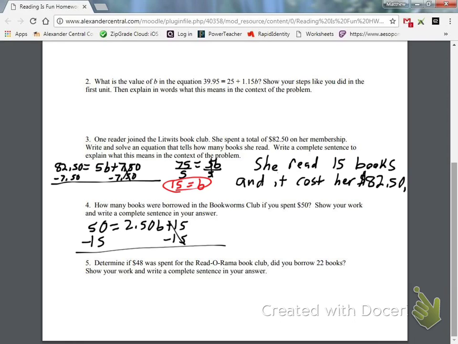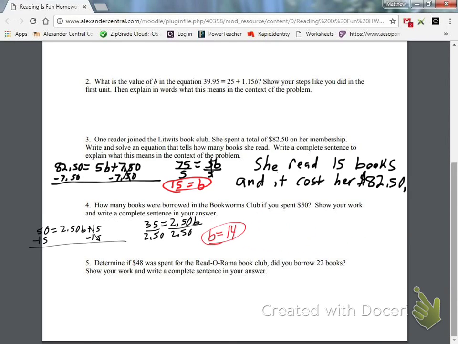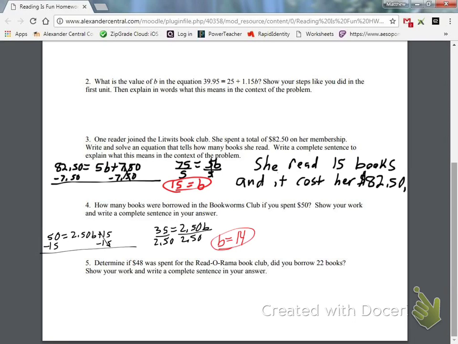We're going to get 35 equals 2.50B. We divide by 2.50. And we get B equals how much? 14. Good. Now what does that mean in context? Good. That means she borrowed 14 books and it cost her $50.